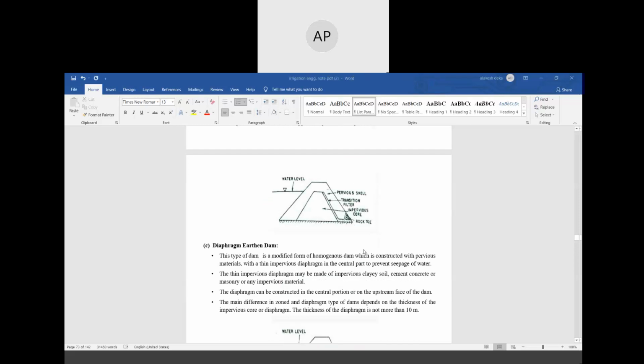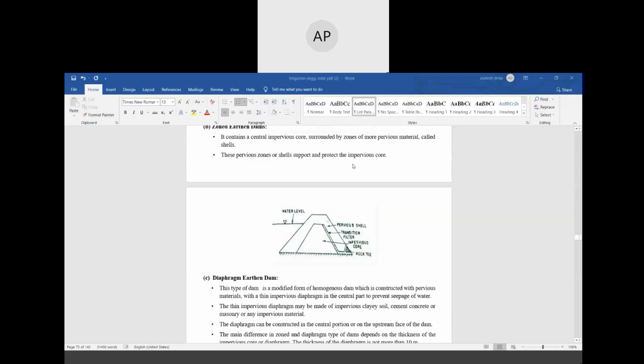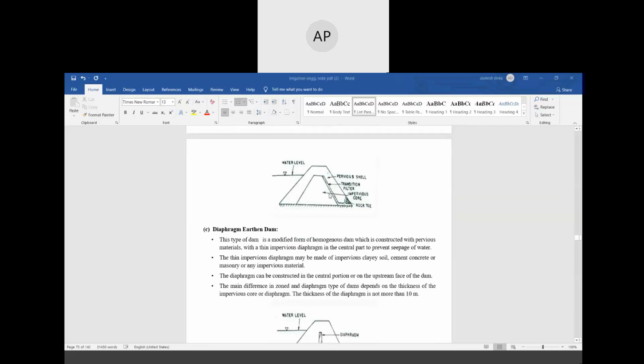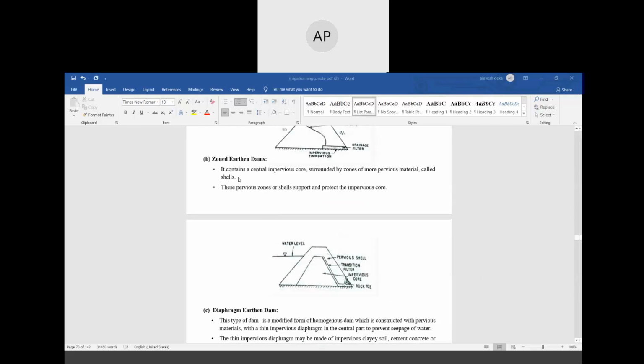So, this is the figure of a zoned earthen dam. The figure is like this one.